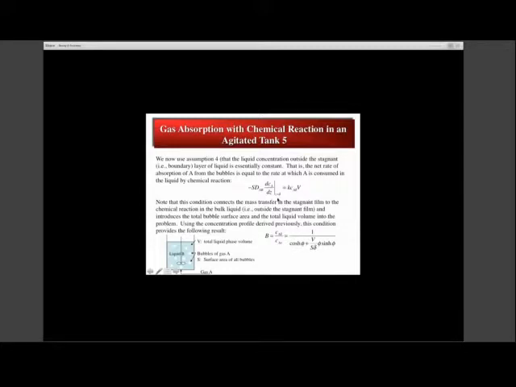And so the way we'll do that is we'll calculate the flux of A at the edge of the boundary layer on one of these bubbles, and we will multiply that times the surface area of all of the bubbles. So this you might imagine would have the number of bubbles times their surface area, and this will give us then the total amount of A that is being taken away from those bubbles outside of the boundary layer.